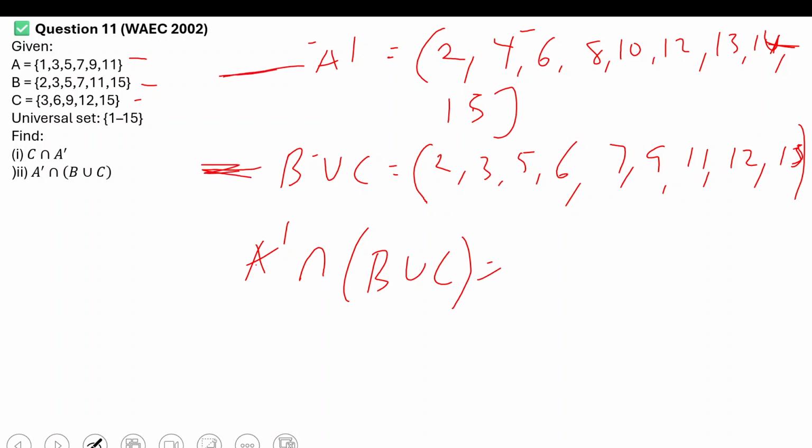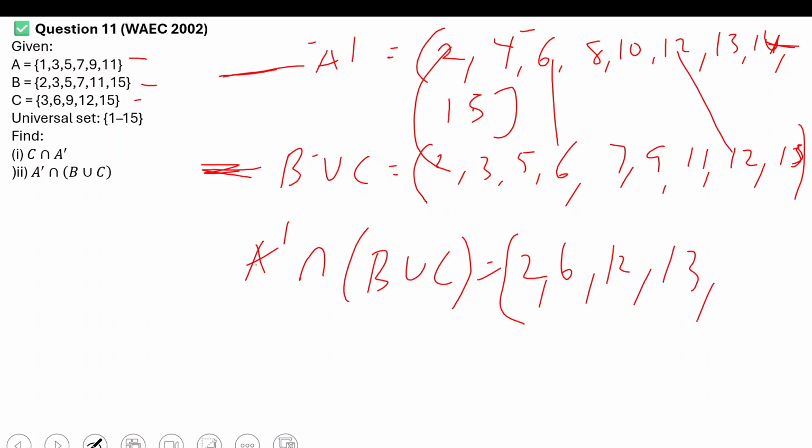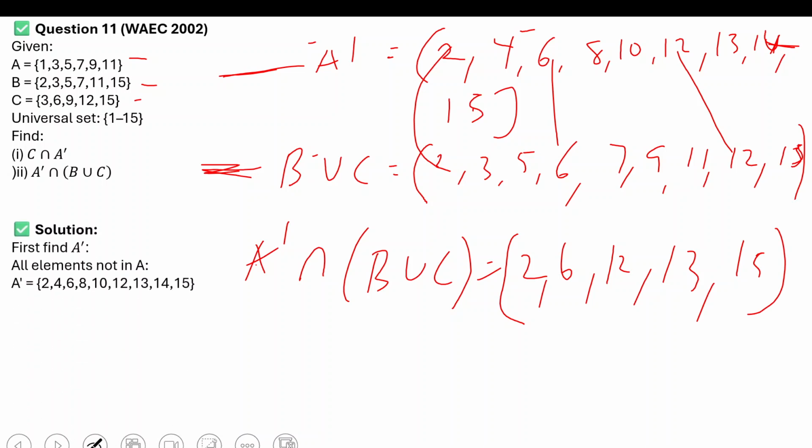First of all, 2 is common, I put 2. 6 is common, I put 6. What's common again? 12 is common, I put 12. 13 and 15. So that's the answer for this.